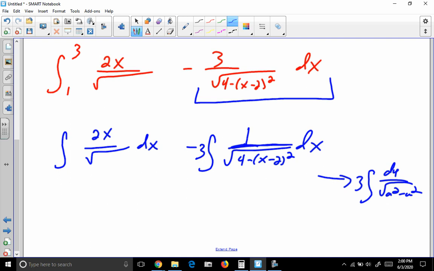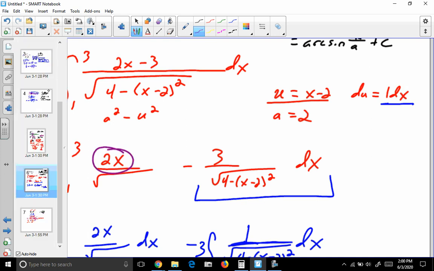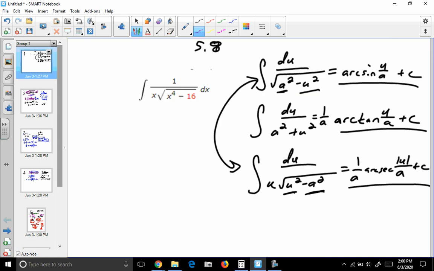Now, you might be wondering, why have I not put anything underneath that square root? That square root is the same as that one, and that's exactly right. But the reason I haven't put anything under there yet is because I want you to look at that numerator. In our integration formulas, if we had an a squared minus u squared, and then we had a du on top, we didn't have a variable up there.